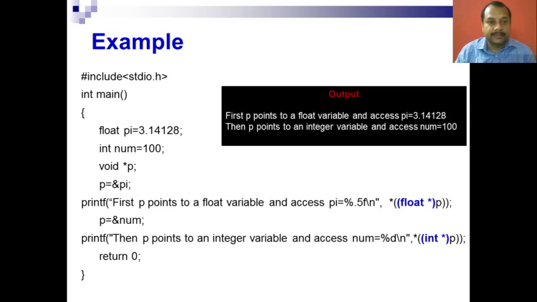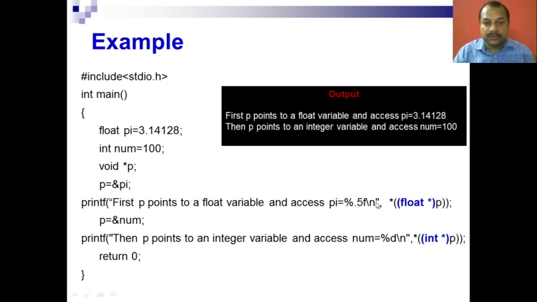Okay, so here is one example. In this example, I initialized the value of pi as 3.14128. It is a floating point number. Then integer num, it is 100. This is the integer variable, and then void star p. So initially, p is storing the address of pi. Now in this case you see that from the storage point of view there will be no mismatch, because the pointer will have the 4 bytes, so it will store the address of pi.